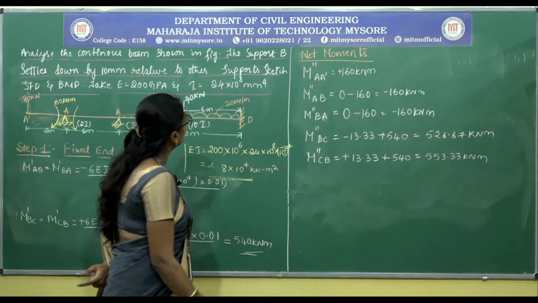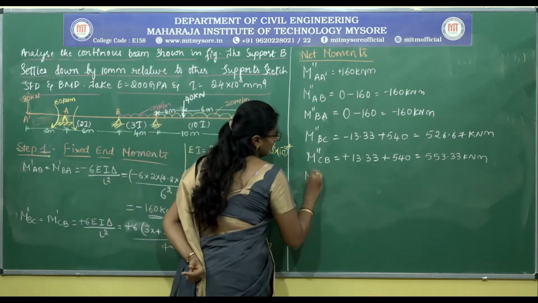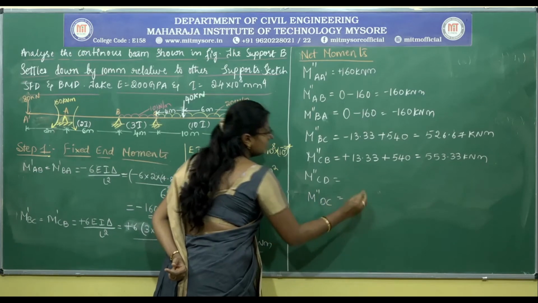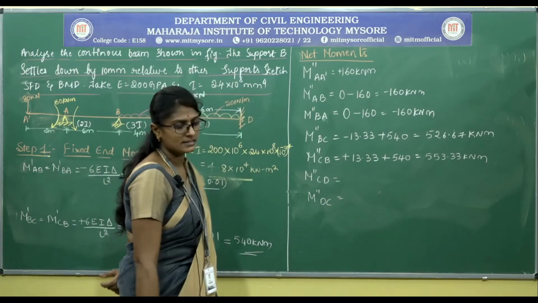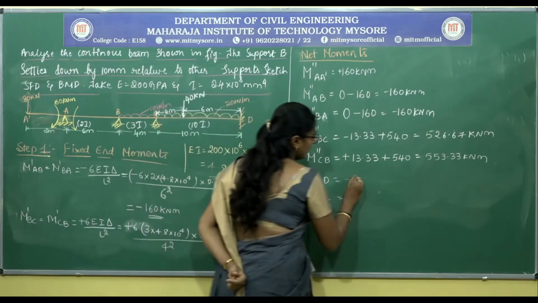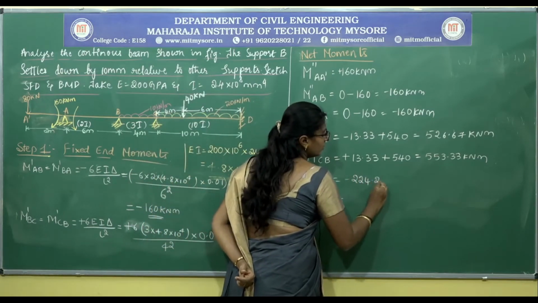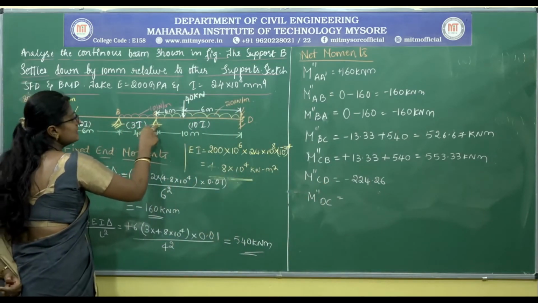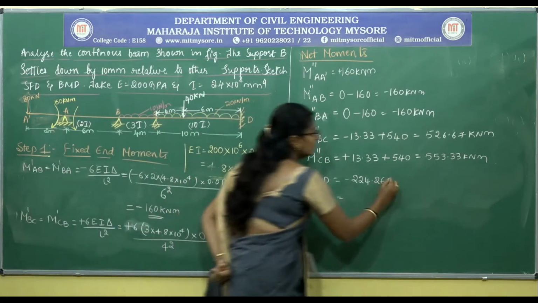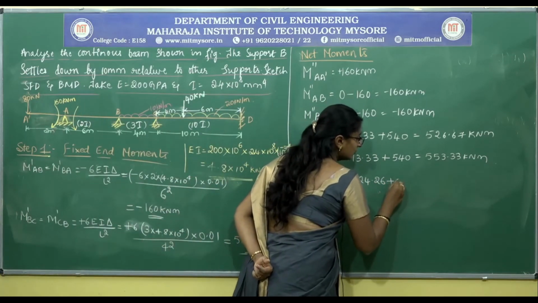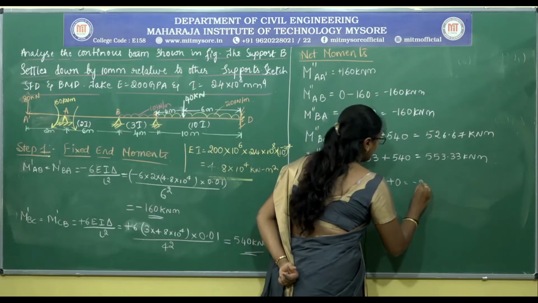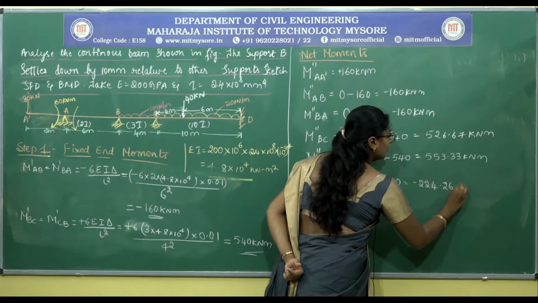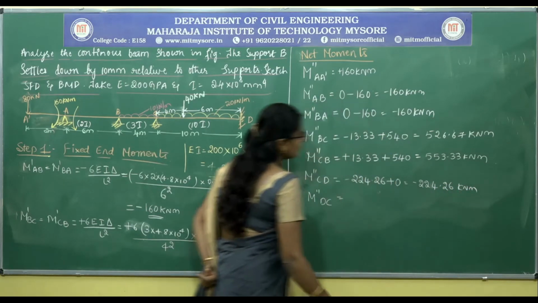Okay. Finally, M double dash CD and M double dash DC. So MF CD is given by minus 224.26. Then there is no effect of the settlement at B for CD span. So therefore, the end moment due to sinking for the span CD is 0. Thereby the net moment is equal to minus 224.26 kilonewton meter.